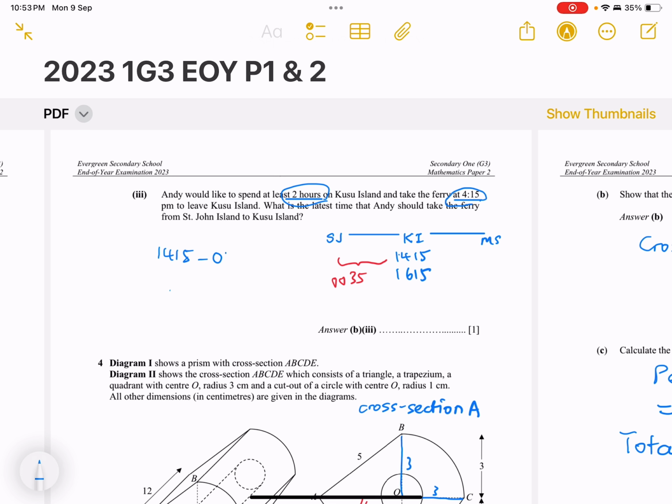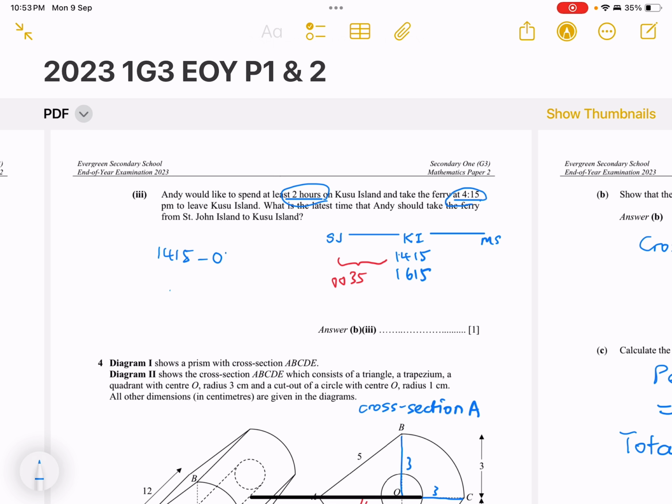1 hour 40 minutes. Now, if we look at the table, there is no ferry for 1:40. It's only 1:50.